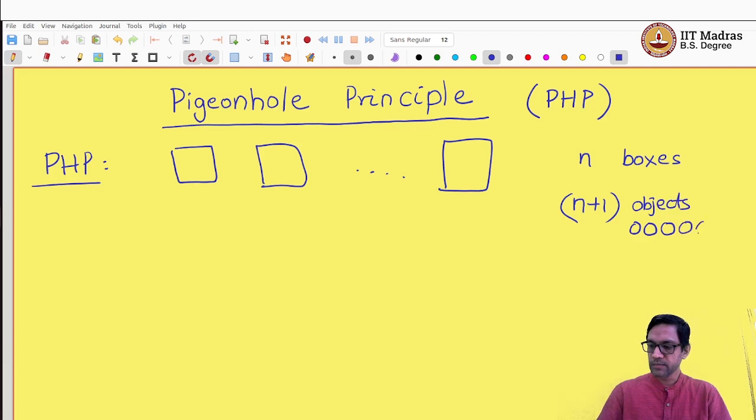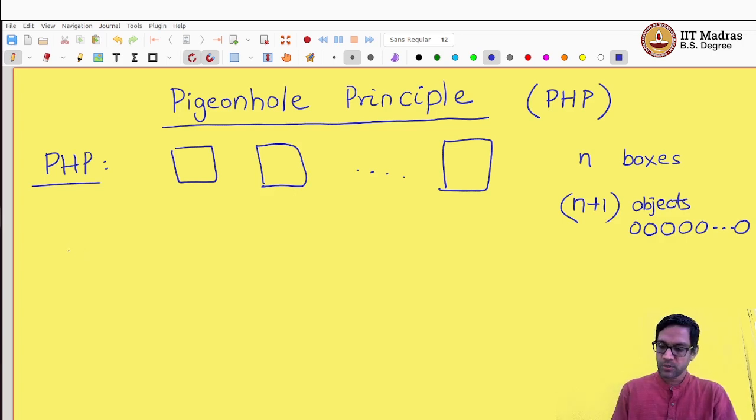So I've got a collection of balls, but one more than the number of boxes. Then, no matter how you place these n plus 1 objects into these n boxes, the principle says there will always have to be one box which contains at least 2 balls.